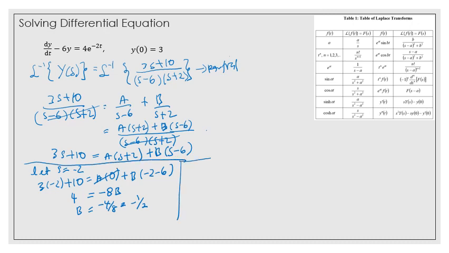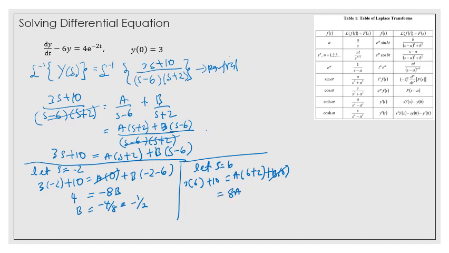Then we do another assumption. Let s equal to 6. So we have 3(6) + 10 equal to A(6 + 2) plus B(6 − 6), we get 0. Then we get 8A.